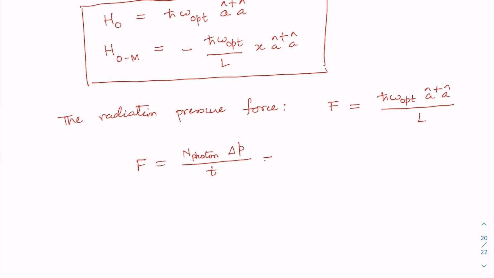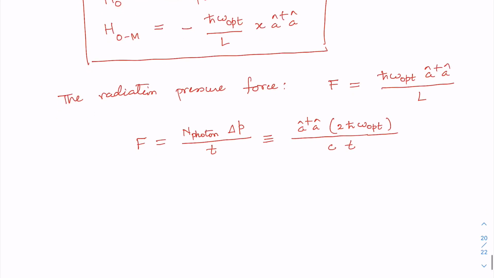Now what we have here: the number of photons is a dagger a, and delta p is twice h cross k, which I can write as twice h cross omega optical, the resonance frequency, divided by c, and this time t.